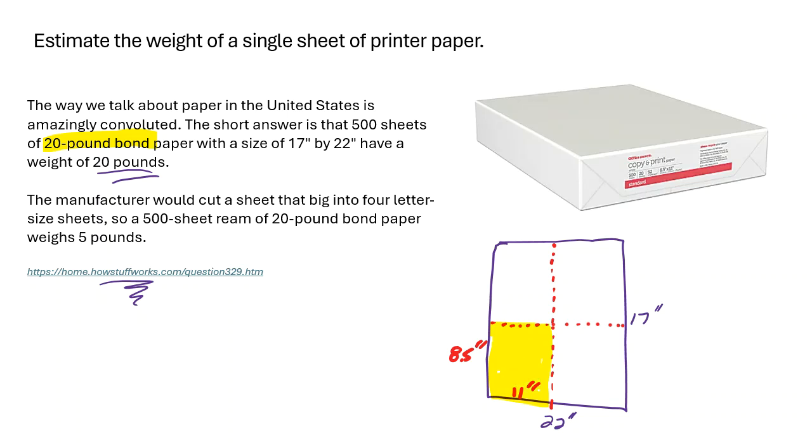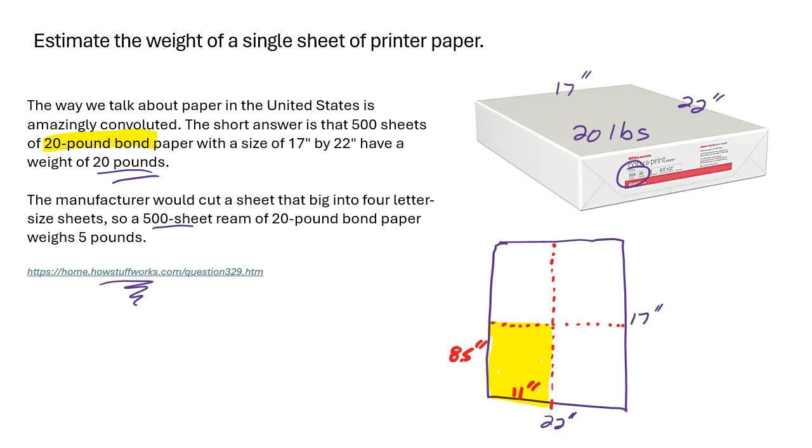Okay, so let's think about this now. If this 500 pieces were 22 inches by 17 inches, big old pieces of paper, then this thing would weigh 20 pounds. Okay, so how much would a stack of paper that's 8.5 by 11 and 500 pieces weigh?